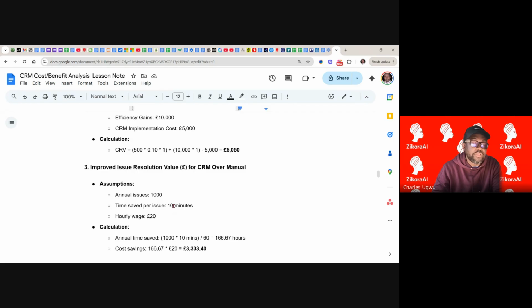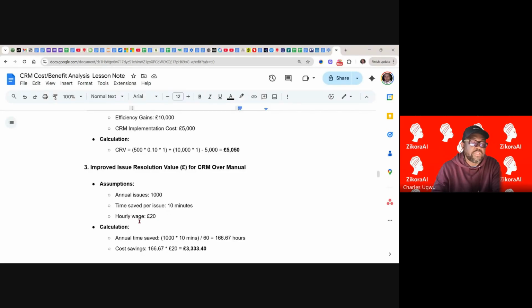It's very easy to find the time. If before the implementation it was taking 20 minutes, and after the implementation it is now taking 10 minutes, it means you've saved 10 minutes per issue.